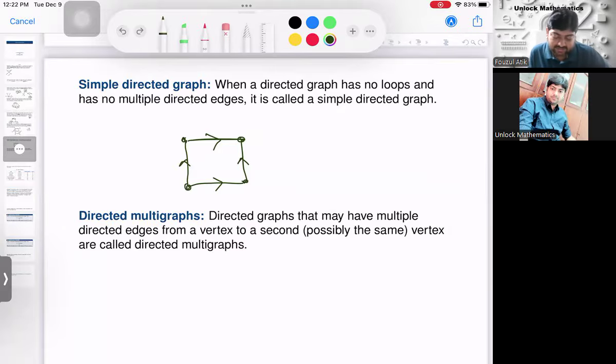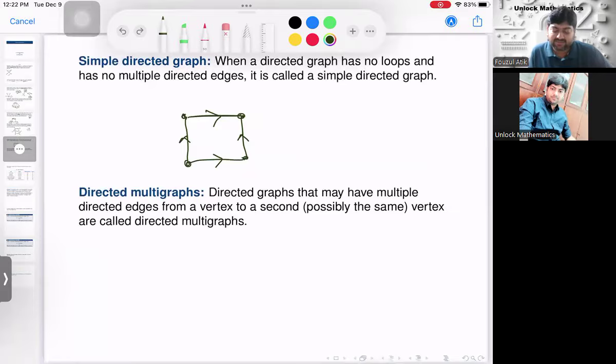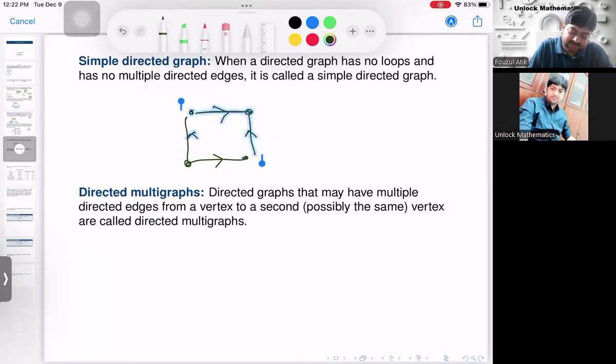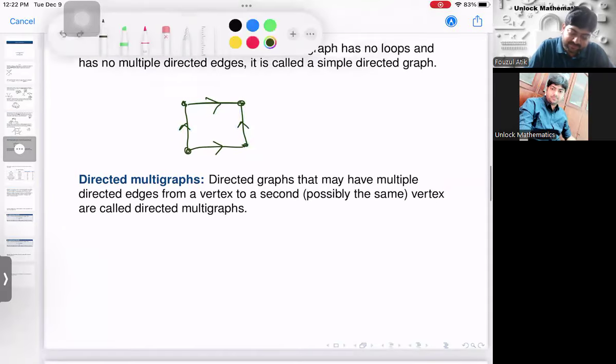Okay, directed multigraph. A directed graph that may have multiple directed edges from a vertex to a second, possibly the same, vertex is called a directed multigraph. In this case, you can certainly have multiple edges.